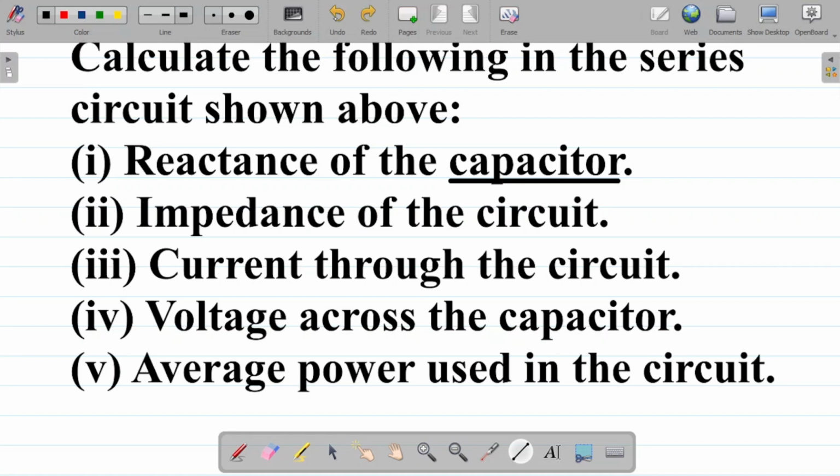So question 1 and question 4 focus on the capacitor, while question 2, question 3, and question 5 talk more about the circuit. All right, so when it comes to solving questions on the capacitor, we'll focus on the capacitor. When it comes to solving questions on the circuit, we'll have to focus on the circuit.